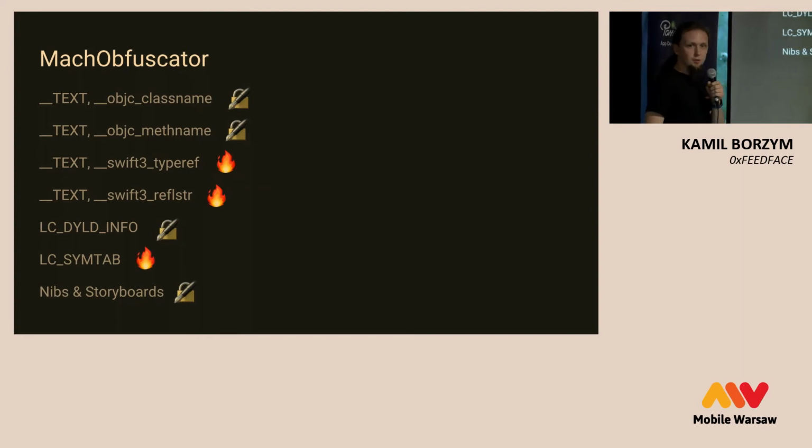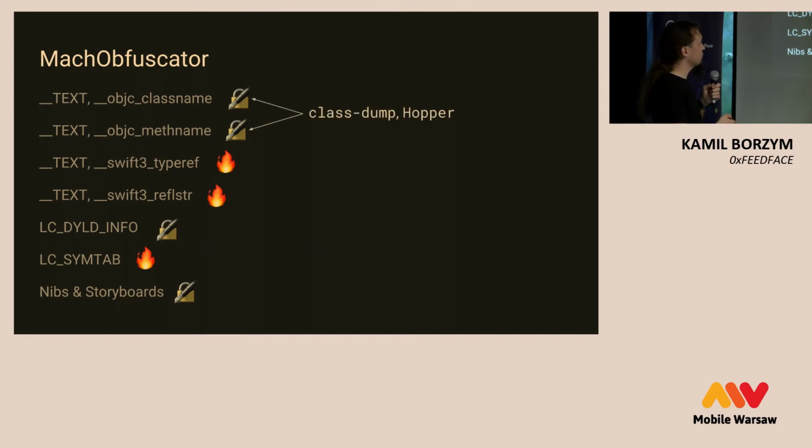Okay. So obfuscating symbols from the Objective-C class name and Objective-C method name sections, which I showed you before, protects against tools such as class-dump and the Hopper decompiler. Next, the Swift compiler adds some sections that are used as a substitution for reflection, or introspection, in Swift.